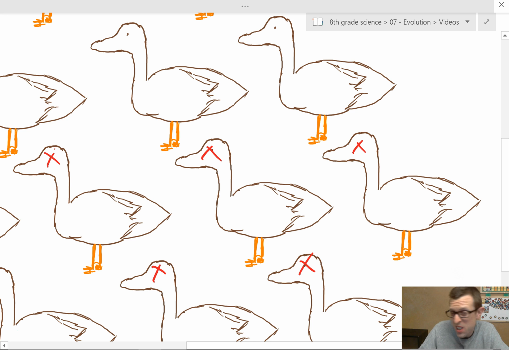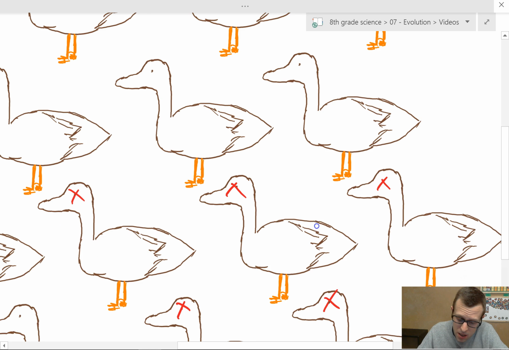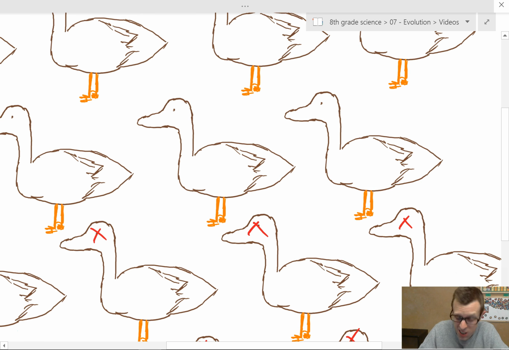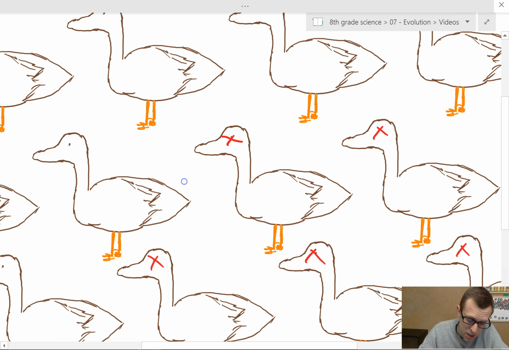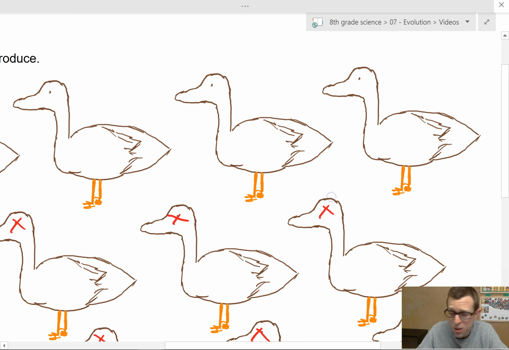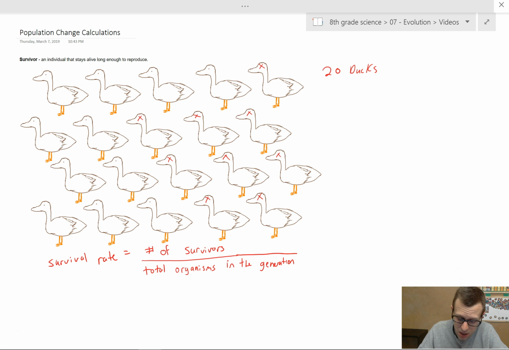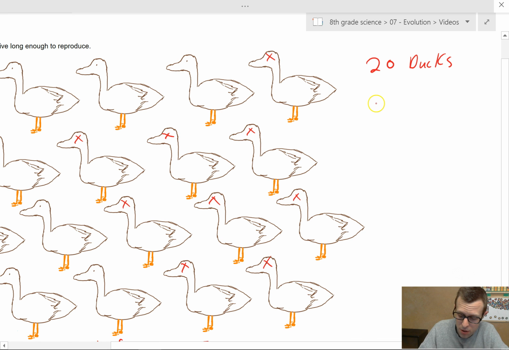Something goes wrong with the egg, or a predator goes after the egg. Those 5, they don't even get started. And then how about another 3 die? They're young little ducklings. They're pretty helpless, just like babies are. And one more, not quite ready to reproduce duck, gets taken out by a different predator. So we have 9 of them die off out of the 20. So that leaves us with 11 survivors.